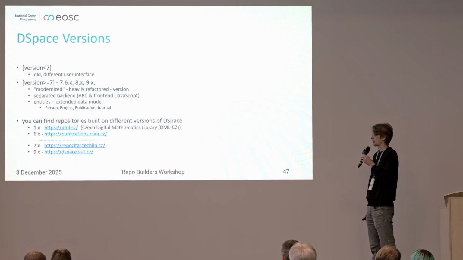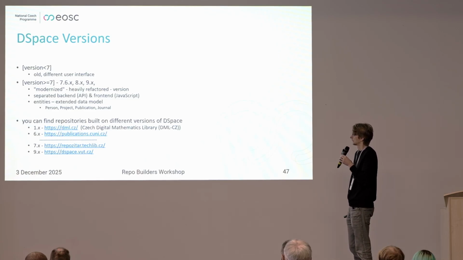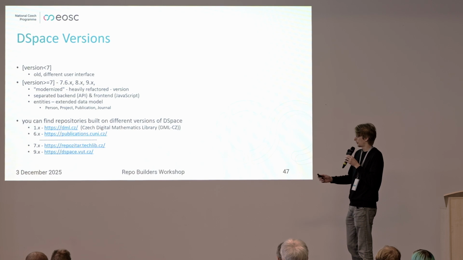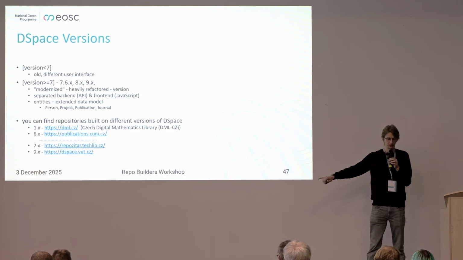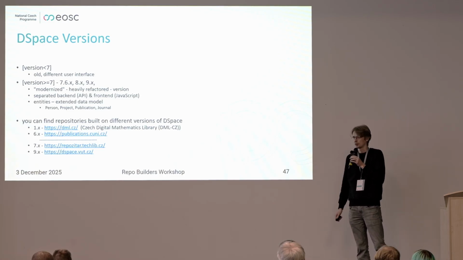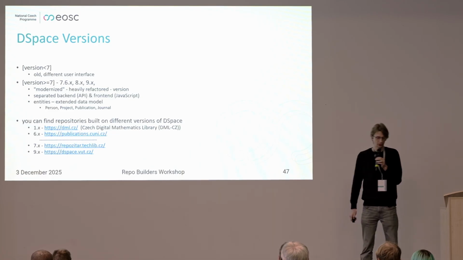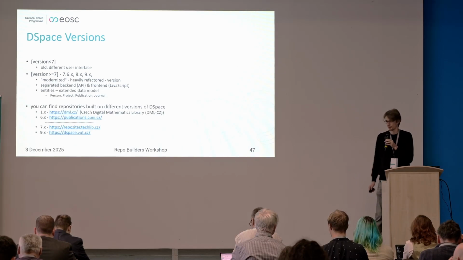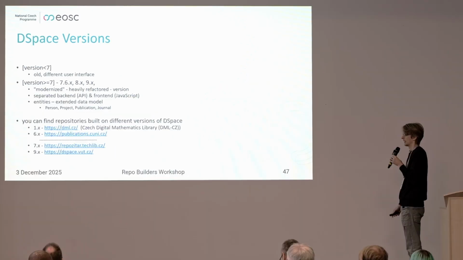But you can also see there are some DSpaces on version 7+. We in the Czech Republic have this very nice DSpace, the Czech Digital Mathematics Library, which is on version 1.x, and I think it's from the year 2008 or something like that. We've been told yesterday that it will shut down at the beginning of next year, but it's still there, and this DSpace still works like that.